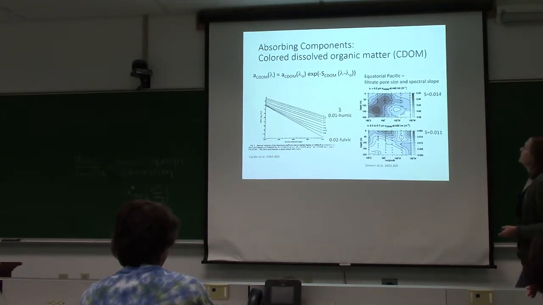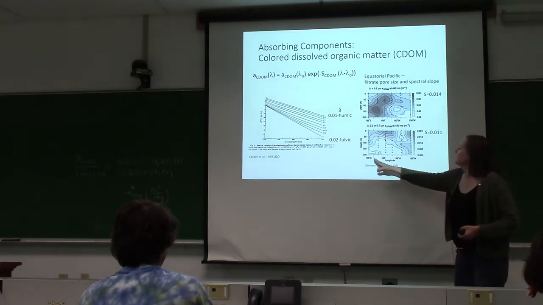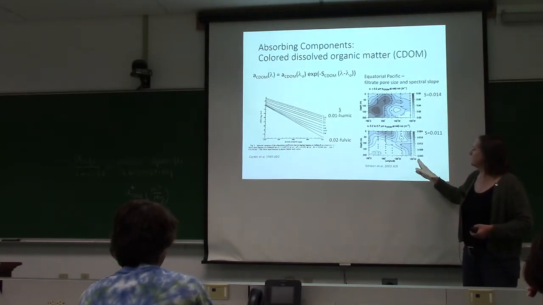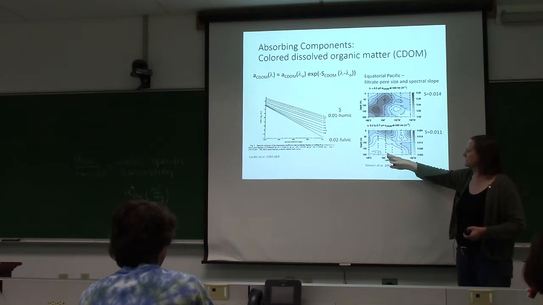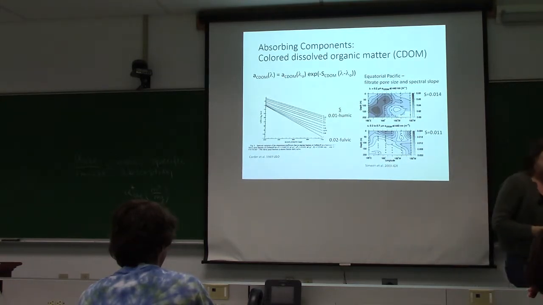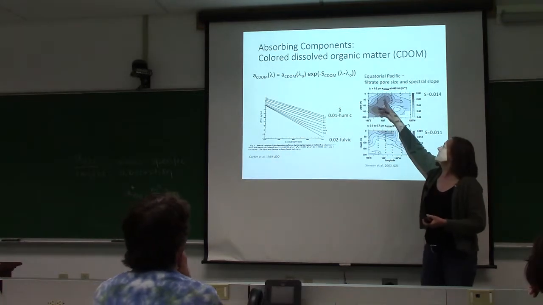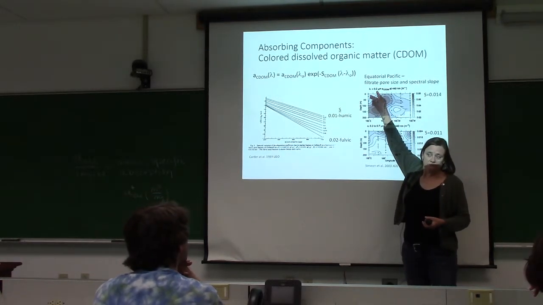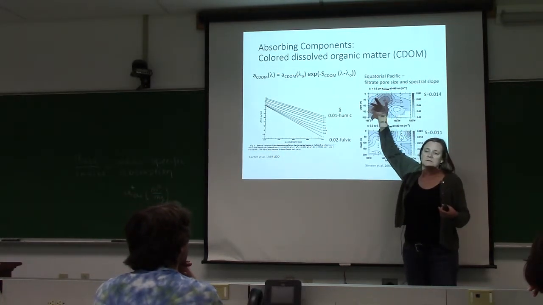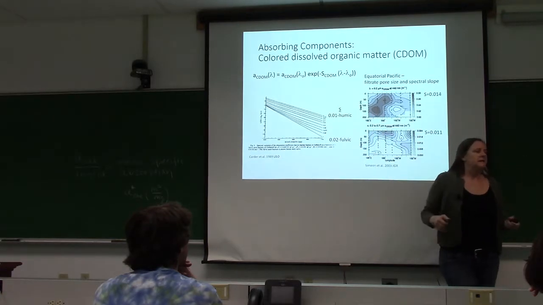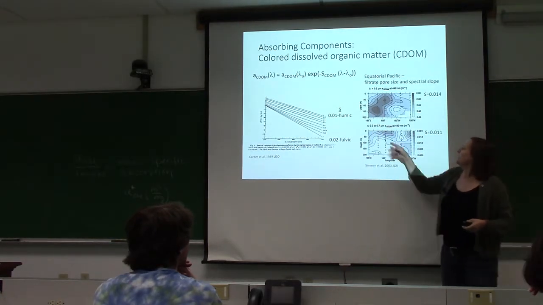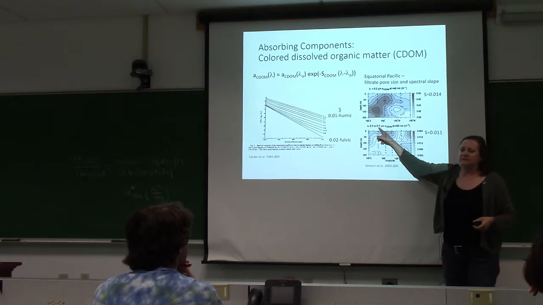So I had a student who went to the equatorial Pacific and went along the equator and did profiles. And everywhere there's a dot, that's a water sample. And she collected whole water and filtered it at 0.2 microns, because that was the technical filter size for CDOM. But we also did a lot of work with glass fiber filters. So she also did some filtering with glass fiber filters, which have 0.7 microns.